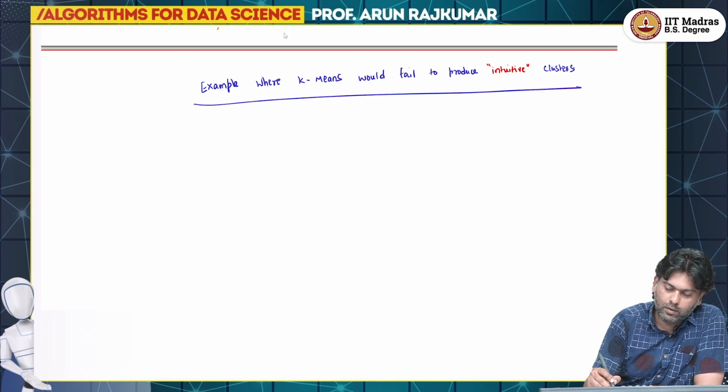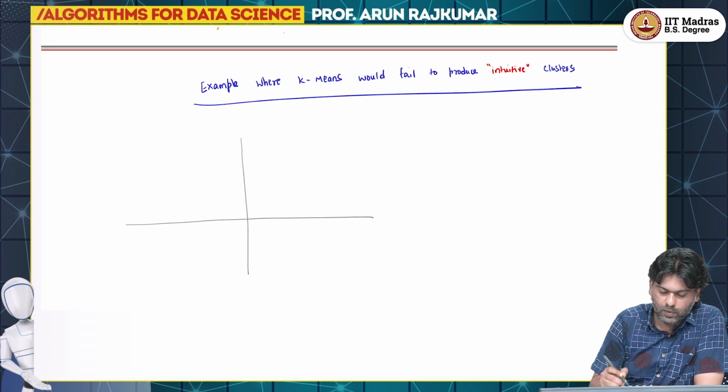So, for example, let's still work with 2-dimensional data. That's perhaps easy for us. And let's say we have points like this. This is sometimes called the two moons data set. It need not be as structured as I am drawing it.